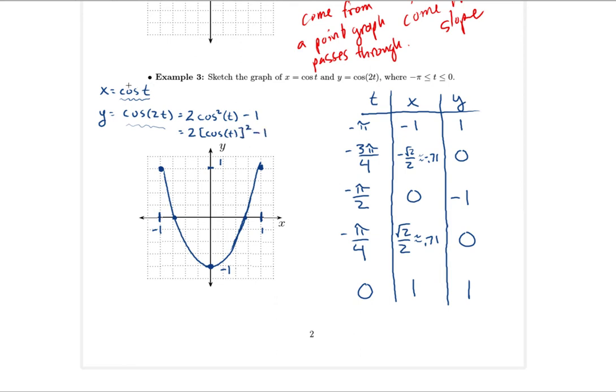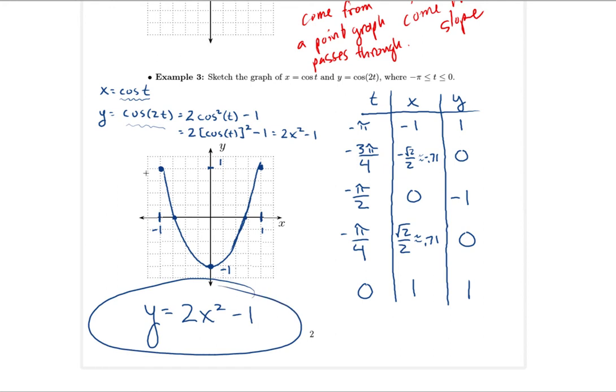But we already know that x is equal to the cosine of t. So that means this is 2x squared minus 1. So we can now confirm that yes, this is a parabola, because when I eliminated the parameter, I was able to make it look just like this, y equals 2x squared minus 1.